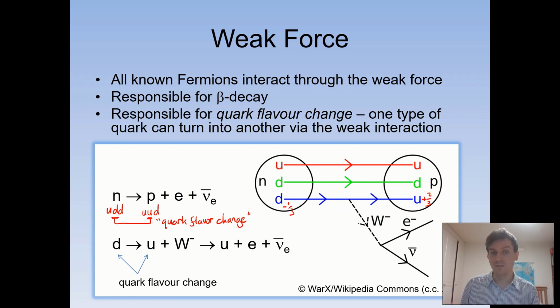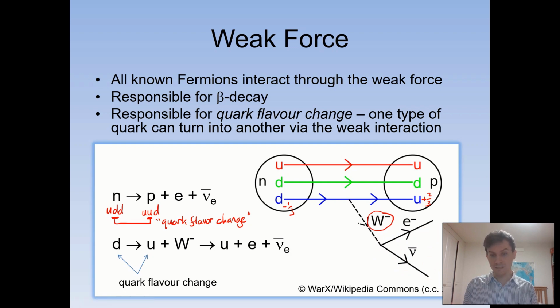So in order to conserve charge, you must also create a negatively charged particle, and this is where the weak force comes in. So the charge is conserved by creating this weak force, in this case a W- particle. And the W- particle itself decays, and when it decays it produces 1 electron and 1 anti-electron neutrino.